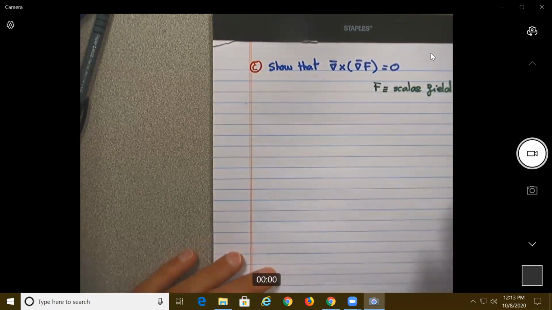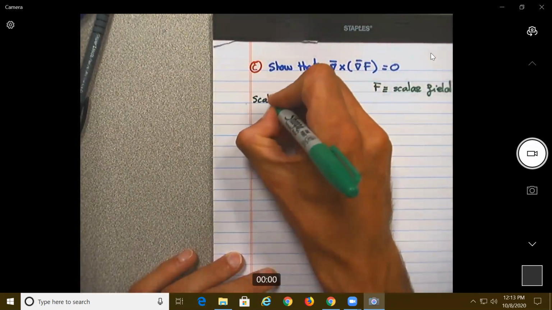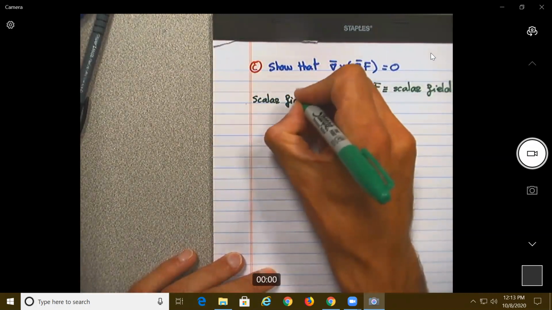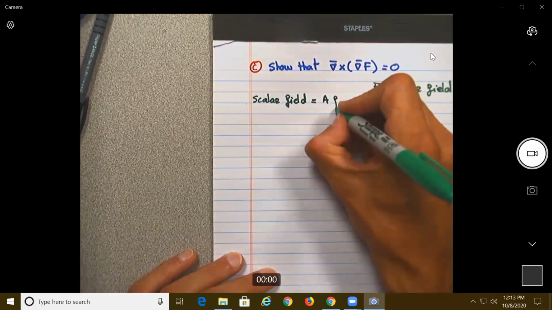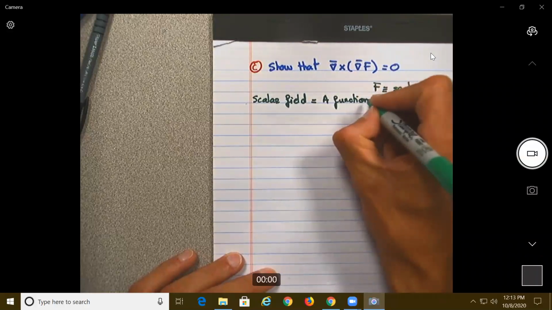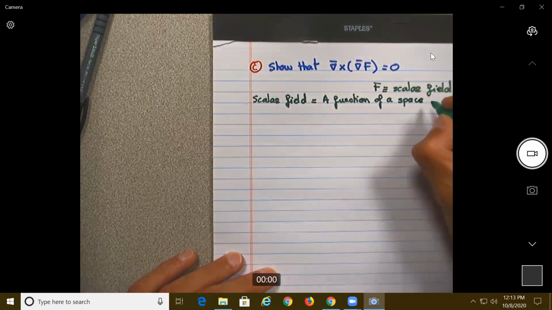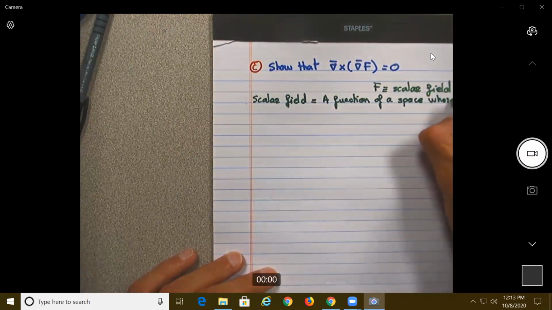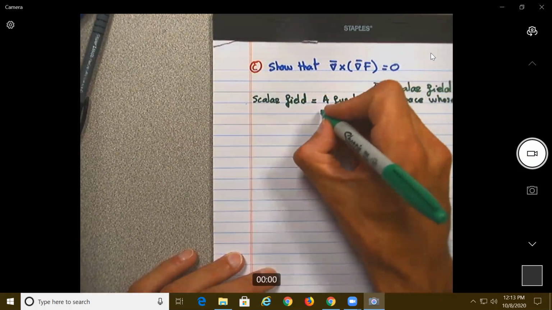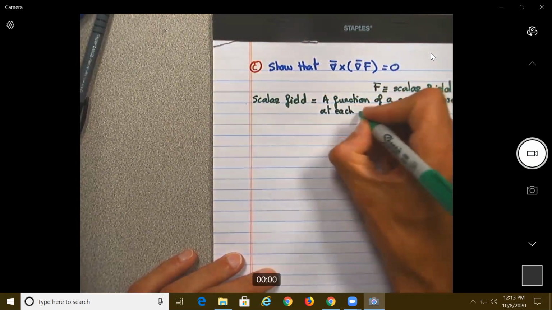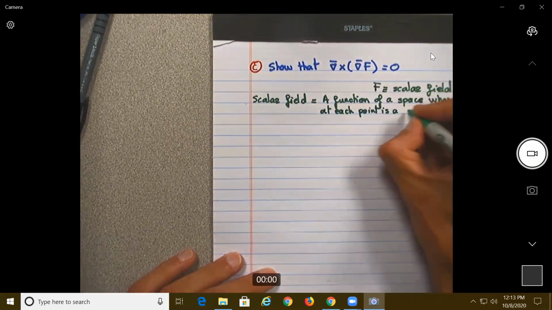Anyway, a scalar field, let me just put the definition. A scalar field is a function of a space whose value at each point is a scalar quantity.